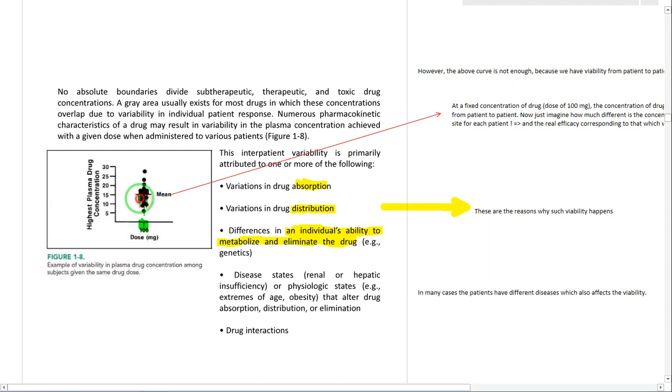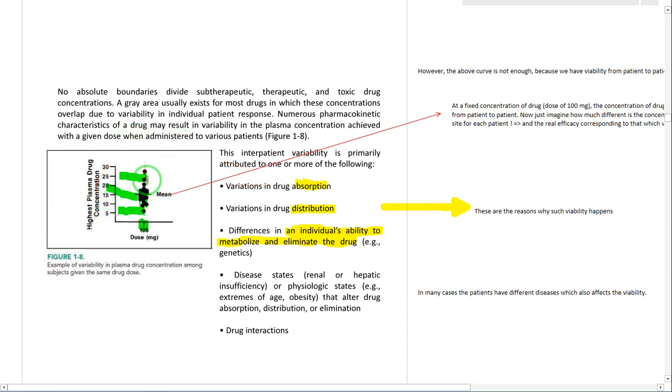You see here, a different population of people, the highest plasma drug concentration is going to be different for different patients. So this tells us that pharmacodynamics and pharmacokinetics are also highly affected by different individuals.